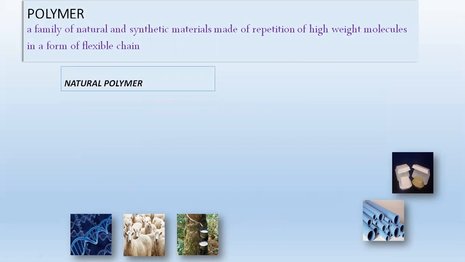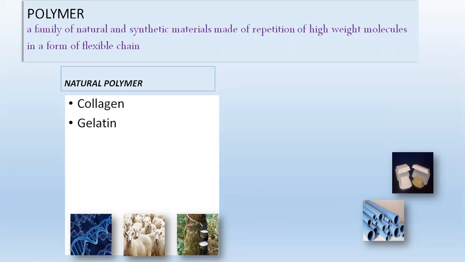Polymers are a family of natural and synthetic materials made of repetition of high molecular weight molecules in the form of a flexible chain. Natural polymers: collagen, gelatin, silk, wool, natural rubber, and DNA.